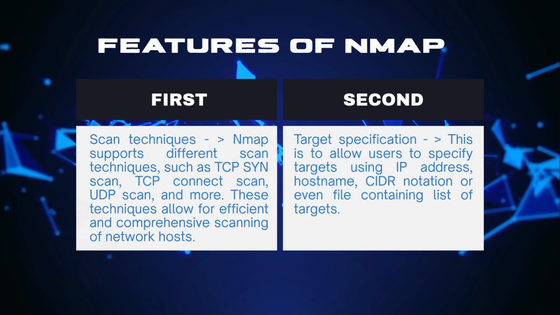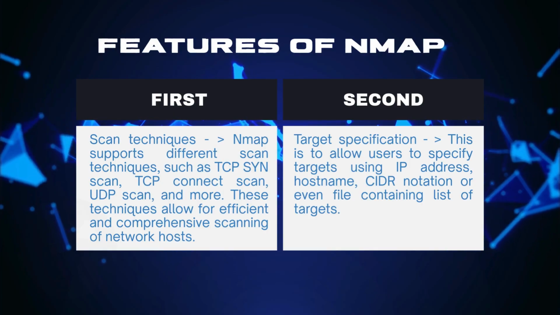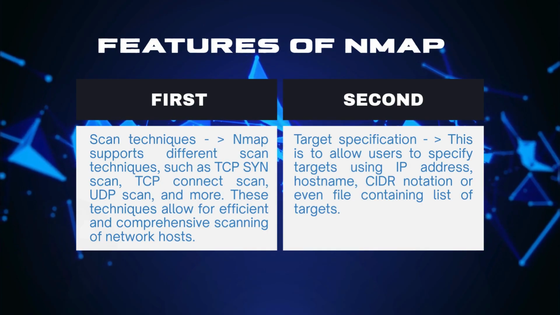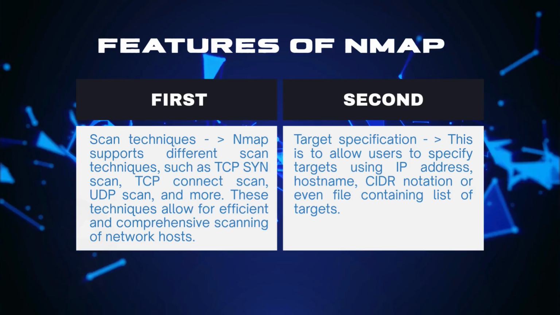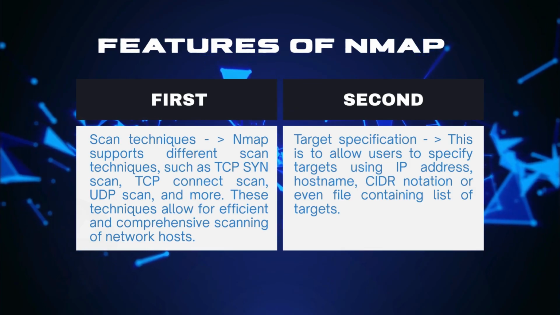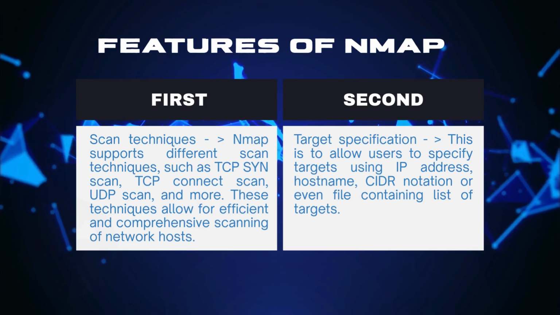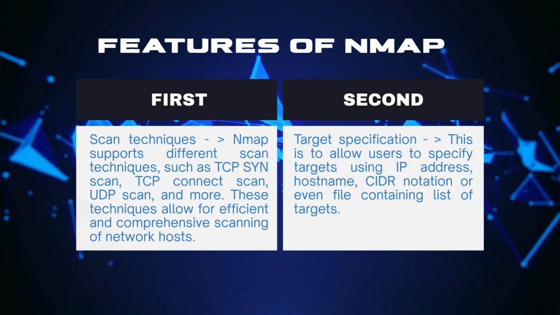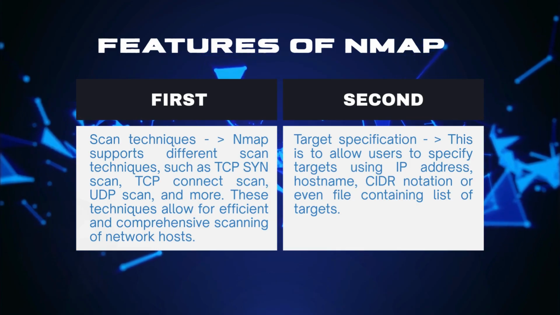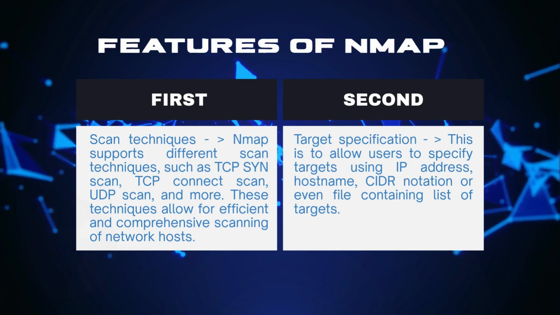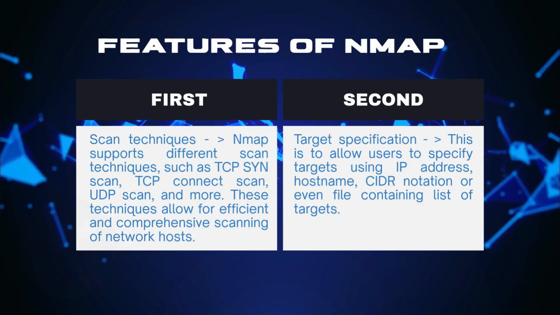It's reliable but easier to detect. Nmap also supports UDP scans to check open UDP ports, which are usually harder to detect because they don't have a handshake process like TCP. These techniques allow for efficient and comprehensive scanning of network hosts.